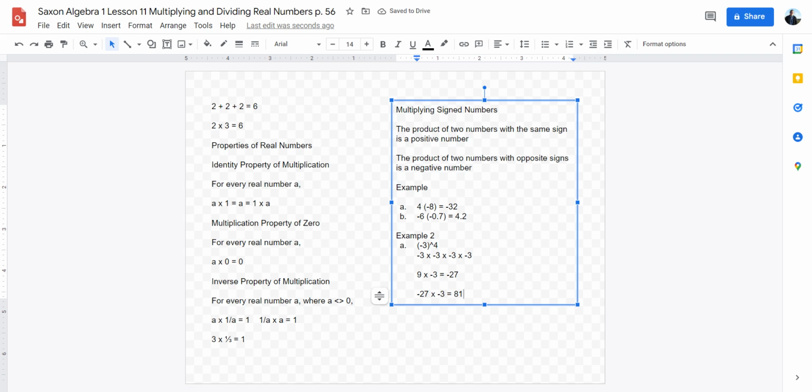Now, here's a little side rule that you can keep in mind. When you're dealing with negative values raised to a power, if they're raised to an even power, 4 in this case, they're always going to end up being positive. Even if you have a negative base, the number is always going to end up positive, because you're always going to multiply an even number of times, and that's going to wipe out the negative sign.